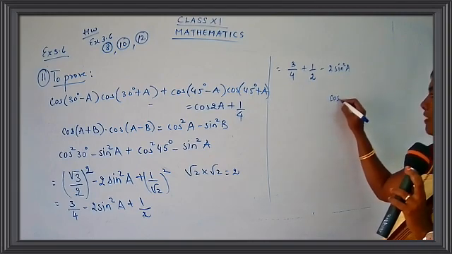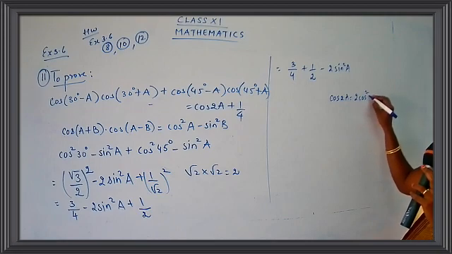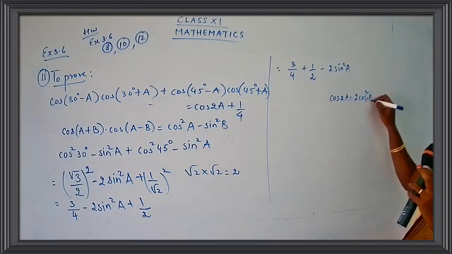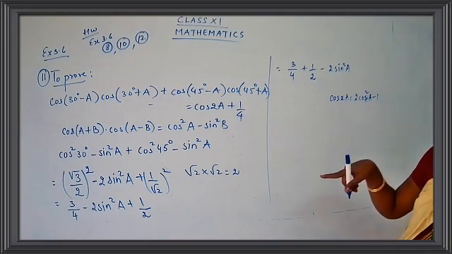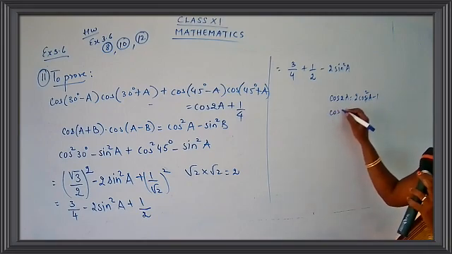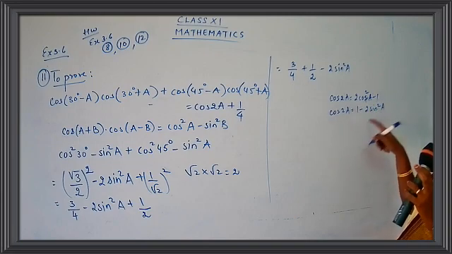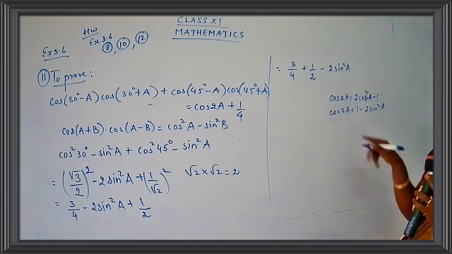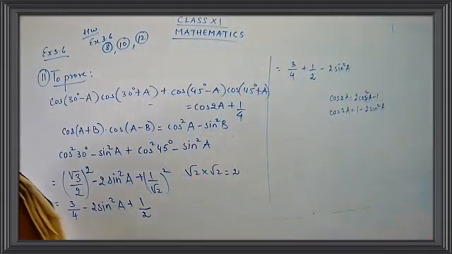We have seen a formula for cos 2A. It is 2 cos square A minus 1. Yes, children? And already we have used this formula in the previous sum. And now we have one more formula, and that is 1 minus 2 sine square A. Do you remember this formula? Yes. So we have cos 2A as 1 minus 2 sine square A.